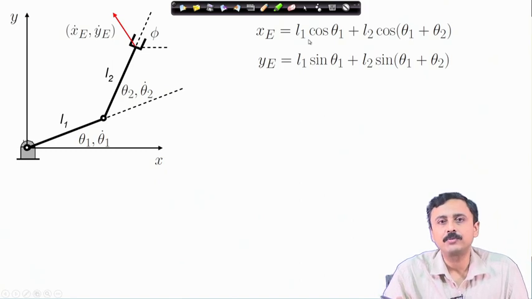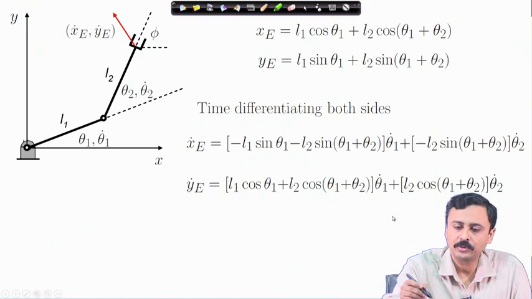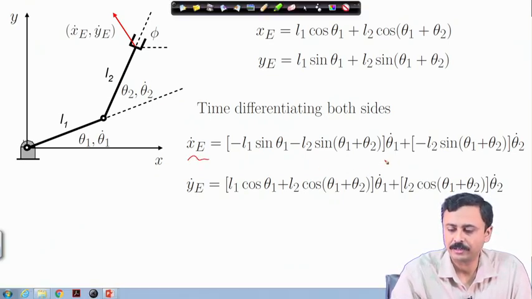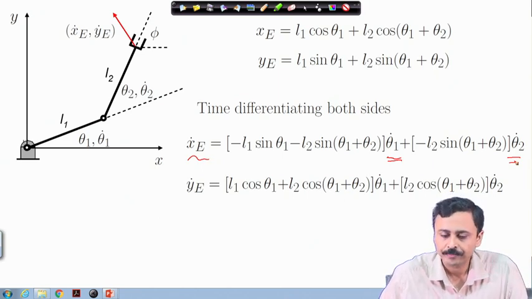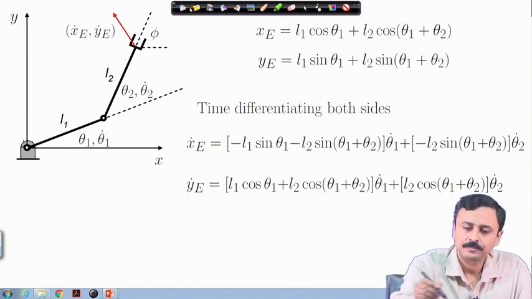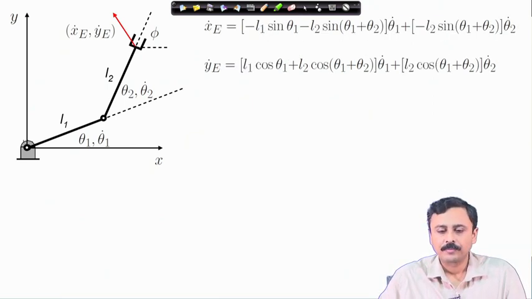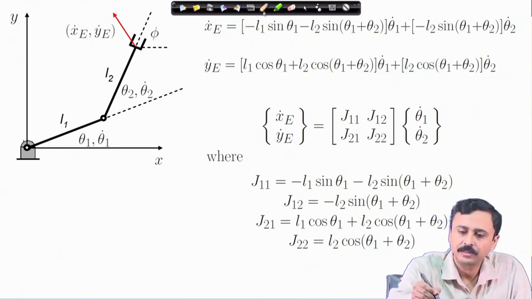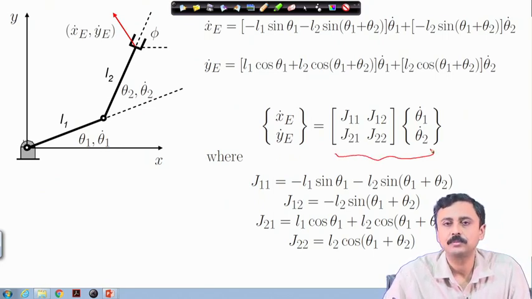Now, starting with these forward kinematic relations, if you differentiate with respect to time, then you relate the rate at which x e is changing to the rates at which theta 1 and theta 2 change. Similarly, for y e. Therefore, we can assemble this and write it as a product of matrices.